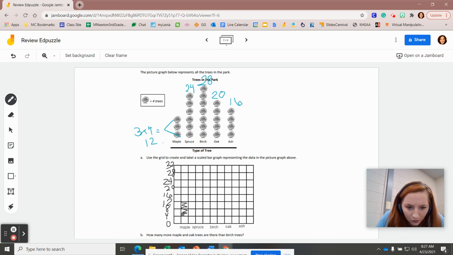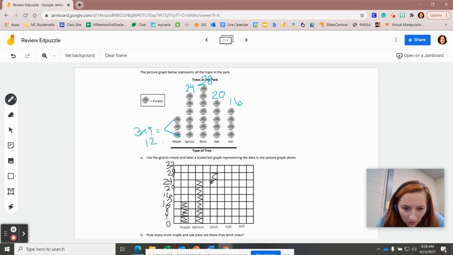I've got to be real meticulous about the way that I do this so that I don't color outside the lines. Okay, then we have spruce has 24. So I go all the way up to 24 right here underneath spruce. And I'm going to color all the way down. All right, and then we have birch, which has 28.